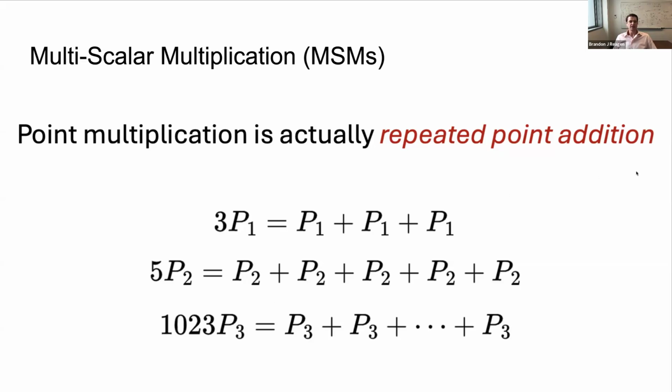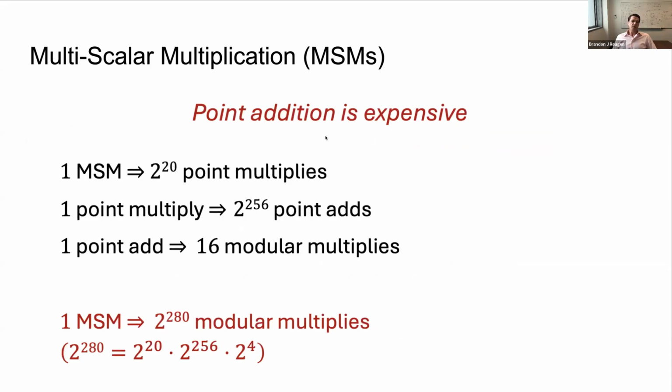So what's the problem? Well, the problem is that point addition and MSMs, naively, are extremely expensive. So if we want to do a single MSM, we're talking about maybe 2 to the 20 point multiplies. 2 to the 20 for a ZKP, it's actually not even that big. So that's the number of scalars that you have, each of the scalars being 256 bits.